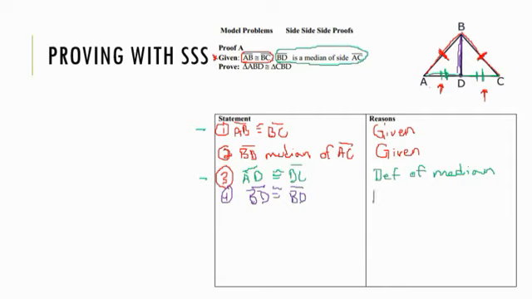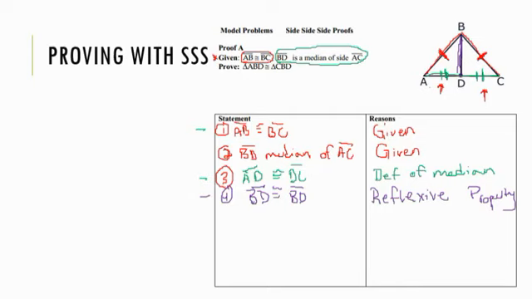And that, if you didn't know, is called the reflexive property. Alright, well, it looks like I got my third side.